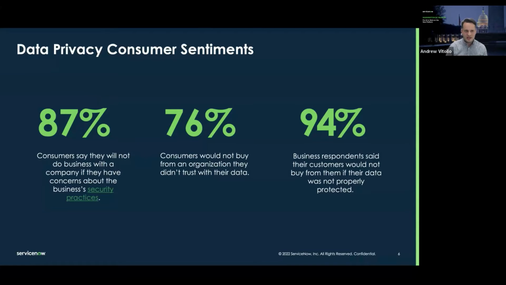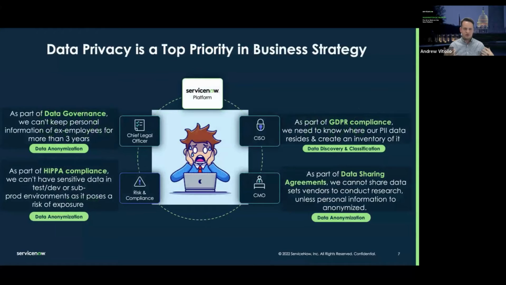But the thing is, even if there is an interest from our customers to actually invest in properly safeguarding sensitive data, there are still all kinds of different compliance standards and regulations that businesses have to pay attention to. So the key takeaway here is that data privacy is really a top priority in business strategy, from the chief legal officer to the CISO to the CEO, CMO, and then risk and compliance.